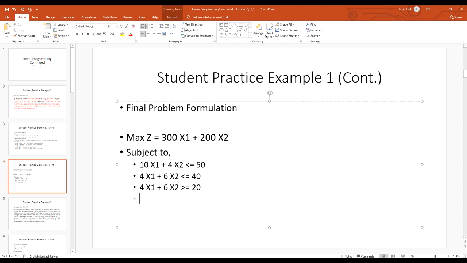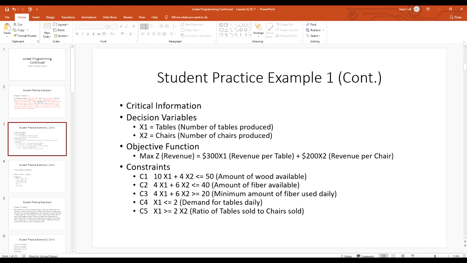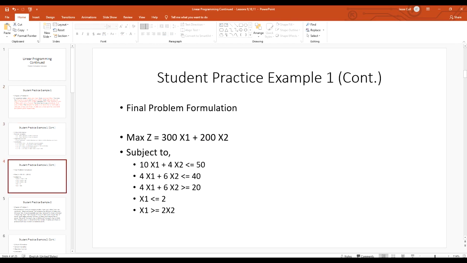Our fourth constraint, x1 is less than or equal to 2, which is our demand for tables daily. And our final constraint, x1 must be greater than or equal to 2x2.